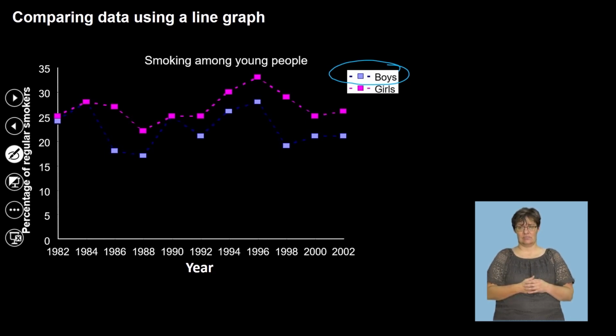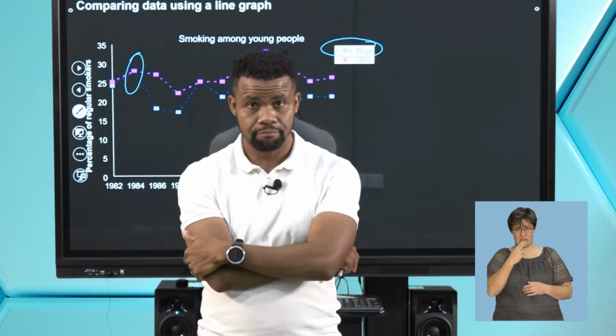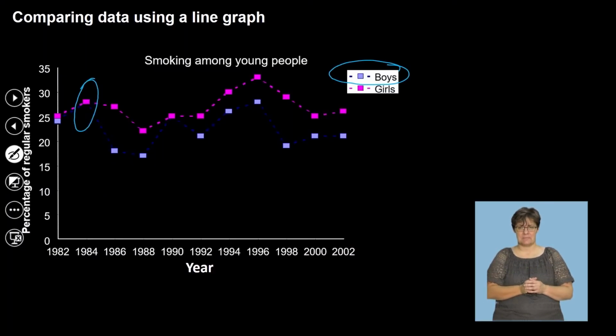So what does that tell us? In 1984, the percentage of girls and boys smoking was the same. And from there, the number of boys smoking decreases. Even the girls decrease, but slightly, whereas boys really change at a higher rate.